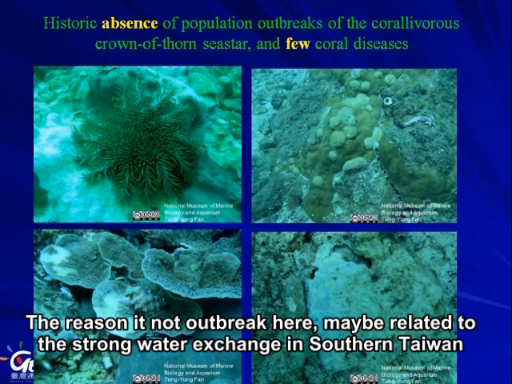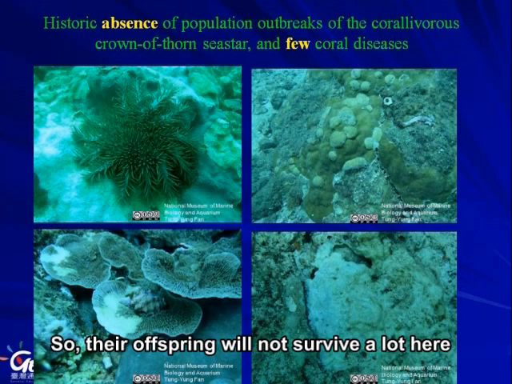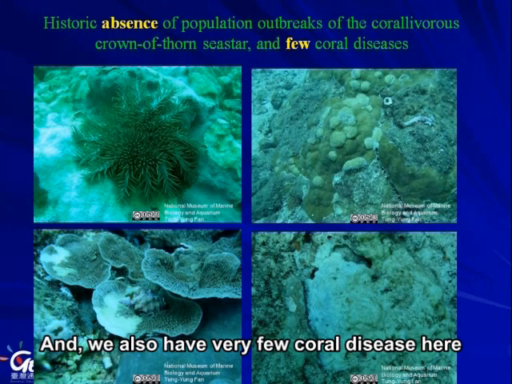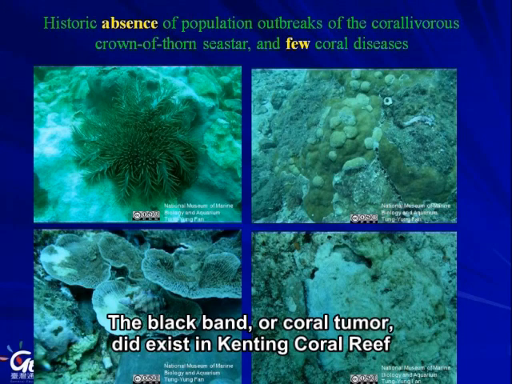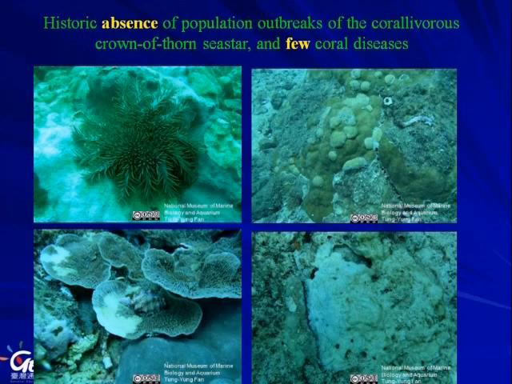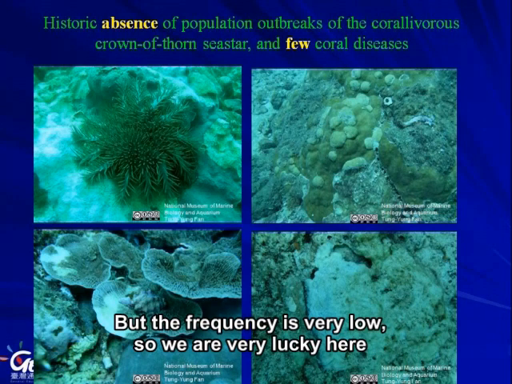The reason it not outbreak here may be related to the strong water exchange in southern Taiwan. So their offspring will not survive a lot here. And we also have very few coral disease here. The black band or coral tumor did exist in Kenting Coral Reef, but the frequency is very low. So we are very lucky here.